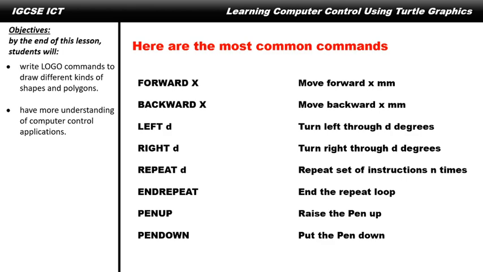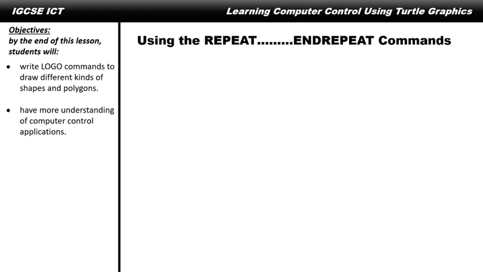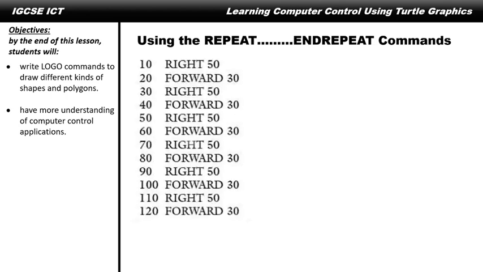So let's quickly see how to use the repeat and end repeat commands. I have some instructions here, and let me quickly explain what is going on. Forget about the numbers by the side and just look at the instructions.